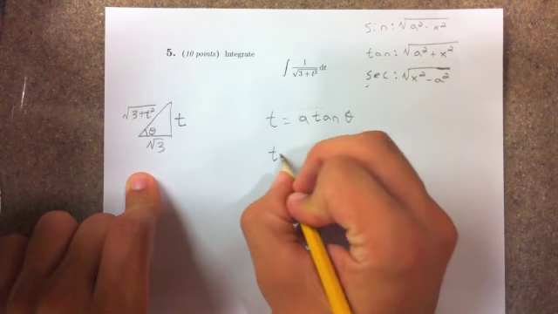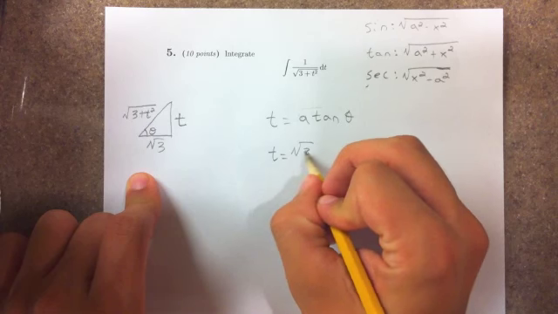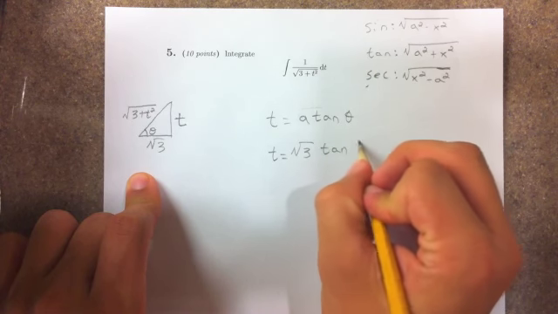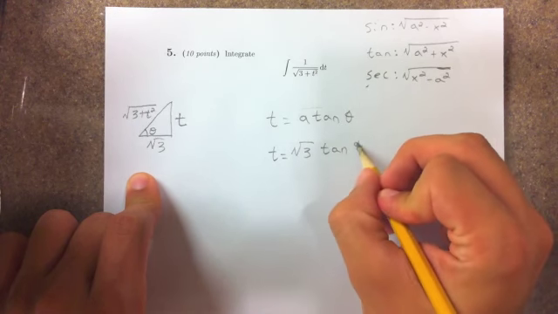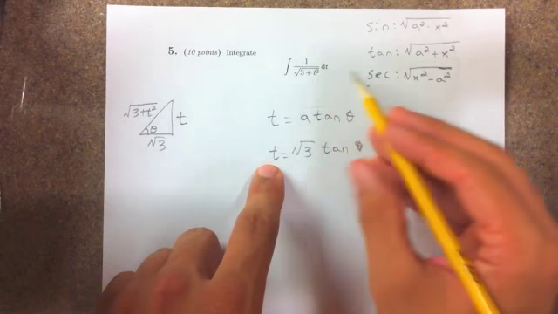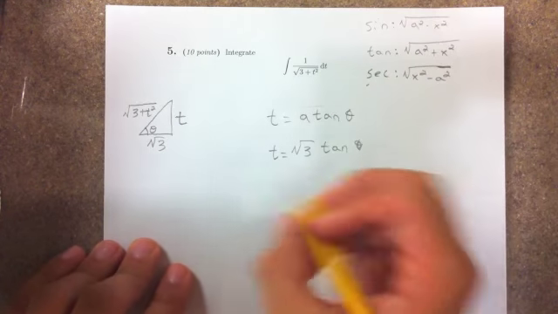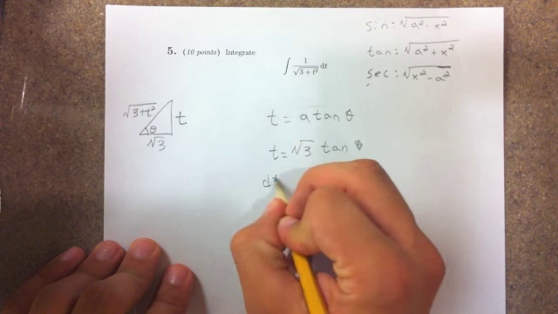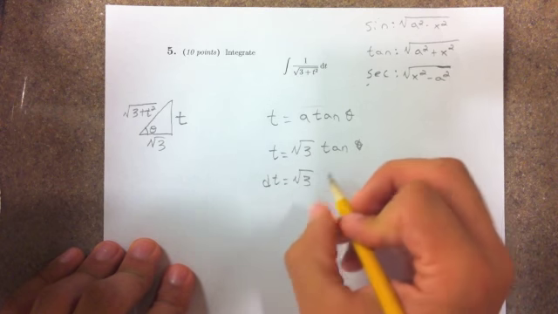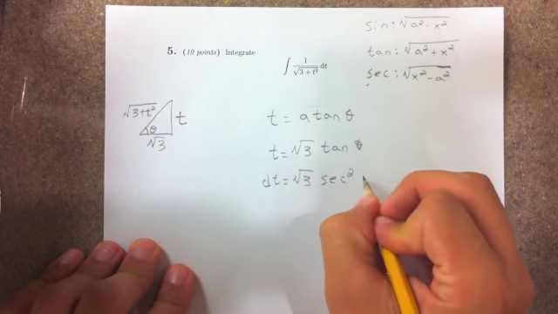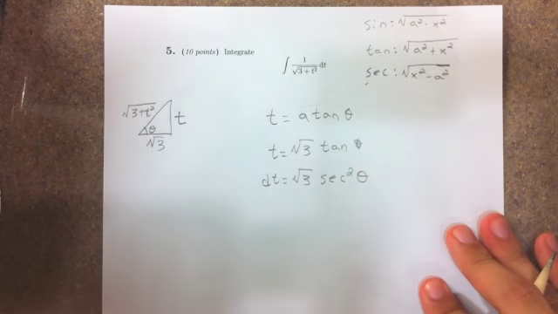So t equals root 3 tangent theta. And now, of course, to substitute this t in, we're going to need to solve for dt as well. So we take the derivative of this, and find that dt equals root 3 secant squared theta.